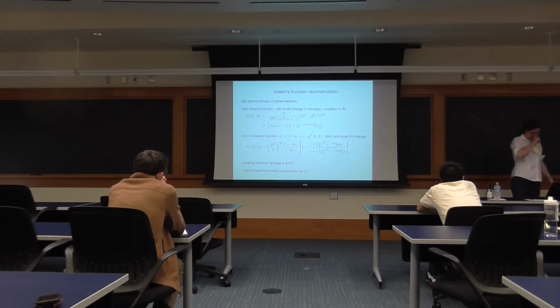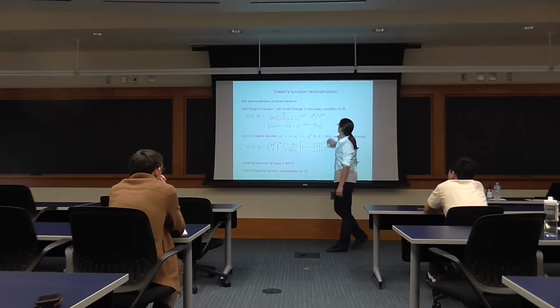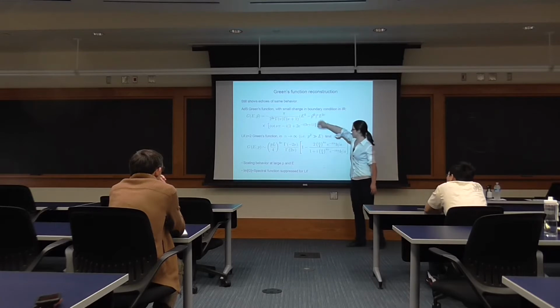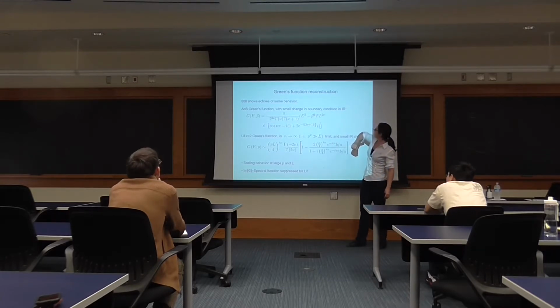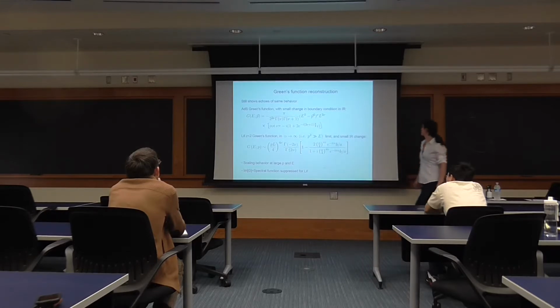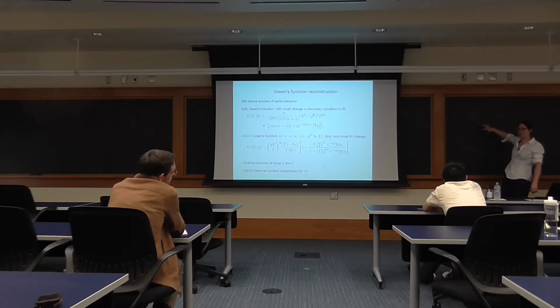It turns out that the Green's functions actually do have some echoes of the same behavior. What I've written up here is the Green's function for AdS, using a particular scaling, where the front piece doesn't matter, and I'm imagining a small change in the boundary condition in the infrared. Normally, for the Green's function you compute the ratio of the normalizable to non-normalizable modes given a certain boundary condition in the infrared.